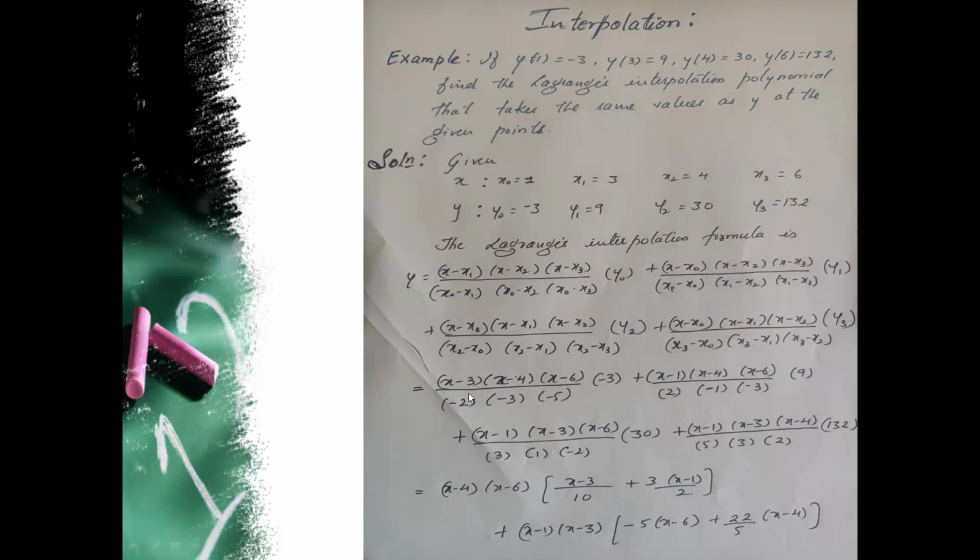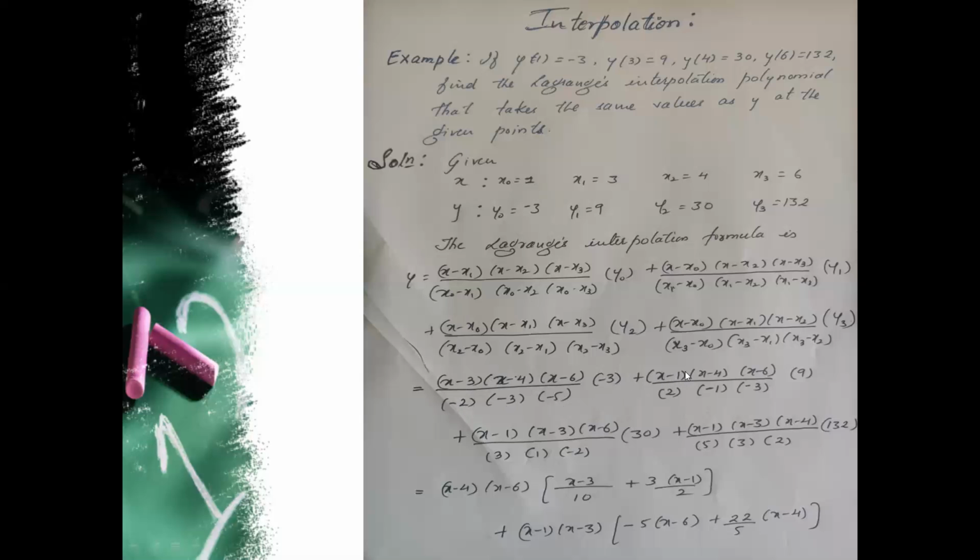Now just substitute the values of x1 is 3, x2 is 4, x3 is 6 here. In this term we are considering x naught minus x1, it is 1 minus 3, you have minus 2, then x naught minus 4, it is minus 3, x naught minus x3, that is 1 minus 6, you have minus 5, multiplied by y naught, it is minus 3.